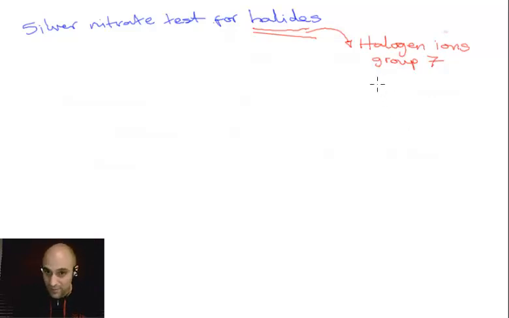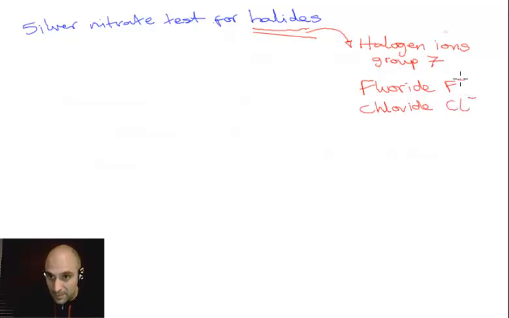Likewise, you don't have a fluorine ion, you have the fluoride ion, F minus. You have the chloride ion, Cl minus. You have the bromide ion, Br minus.